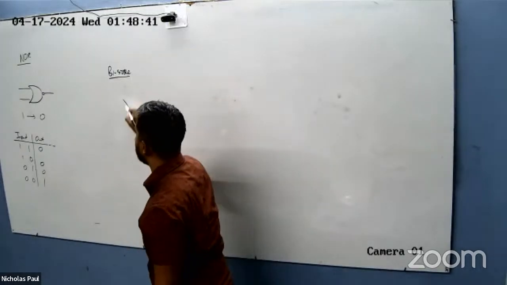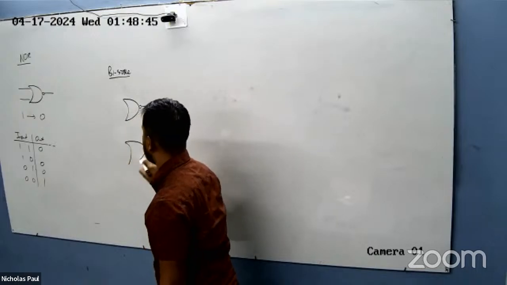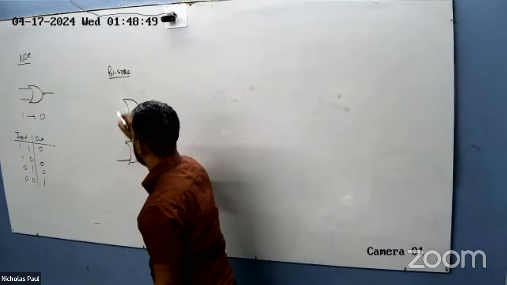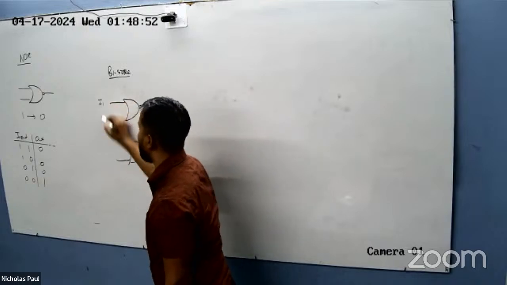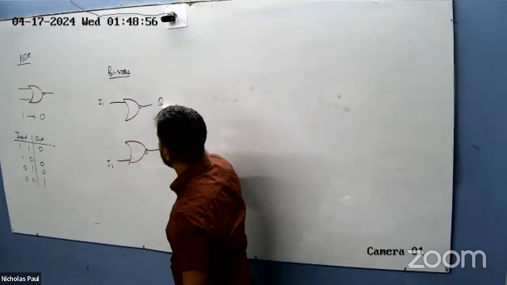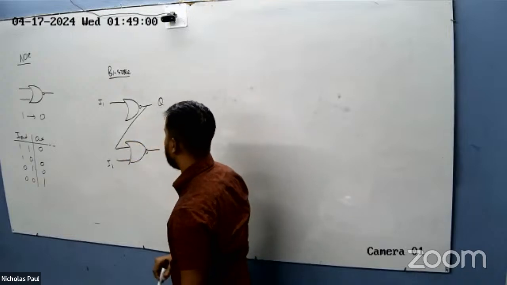So the bistable looks like this. You have 2 inputs, I1 and I2. And the next input comes from the previous output. So this Q becomes the input here.